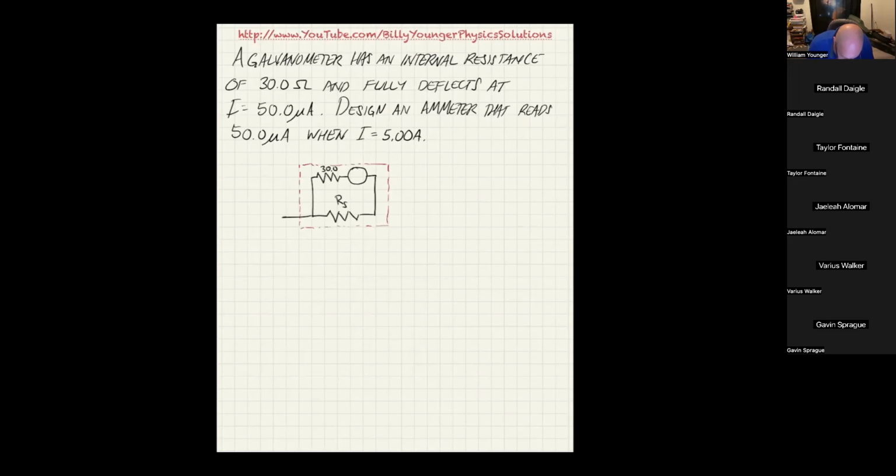These would be the terminals of your ammeter. That's why I put the red box around it, so you know where the ammeter is. And this right here is technically the galvanometer.